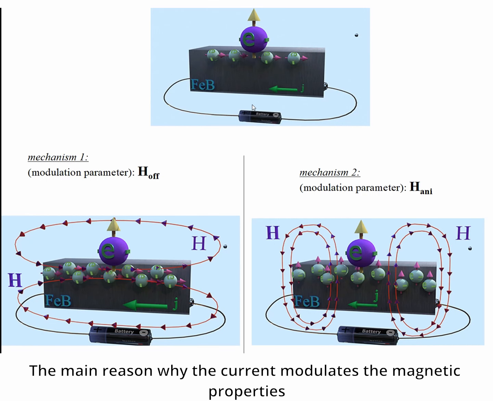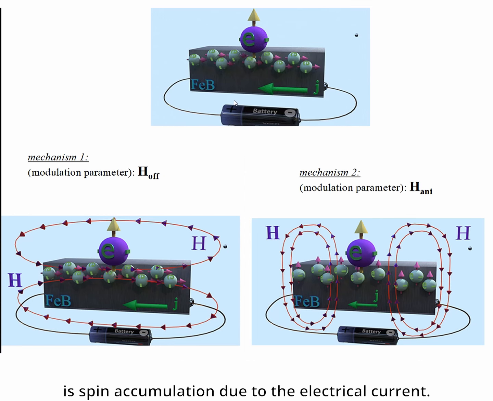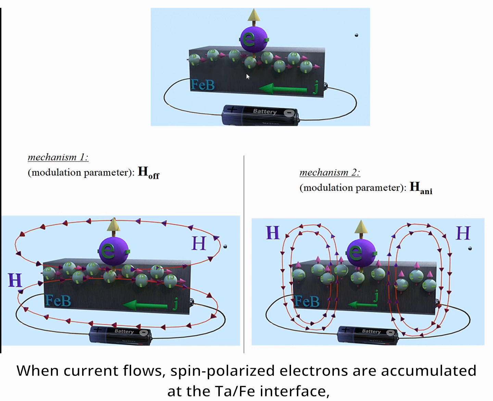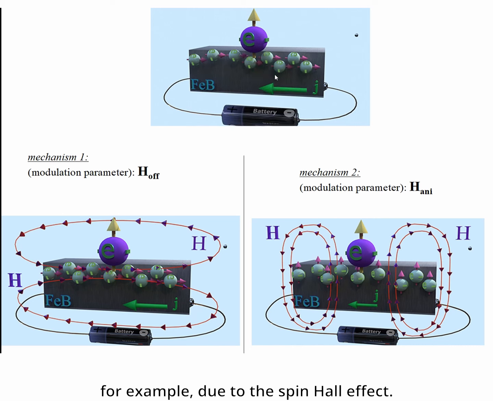The main reason why the current modulates the magnetic properties is a spin accumulation due to the electrical current. When current flows, spin polarized electrons are accumulated at the tantalum-iron interface, for example, due to the spin-Hall effect.